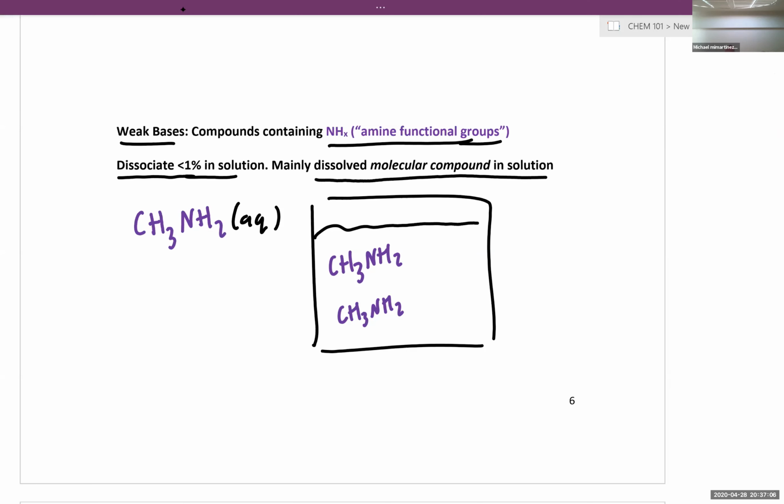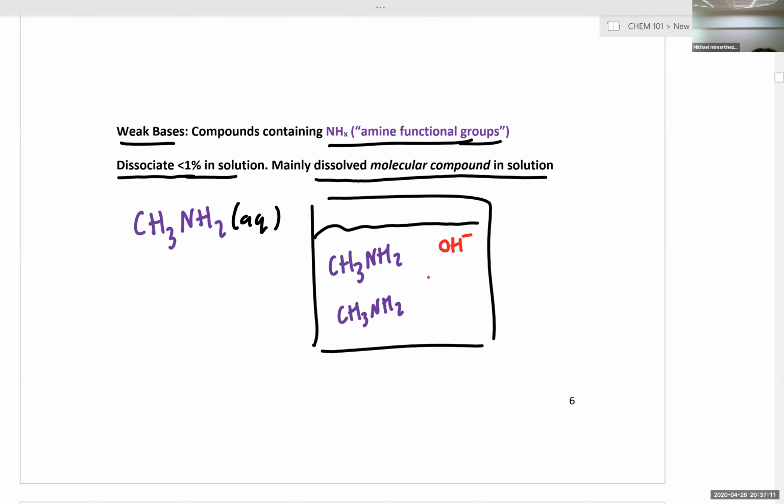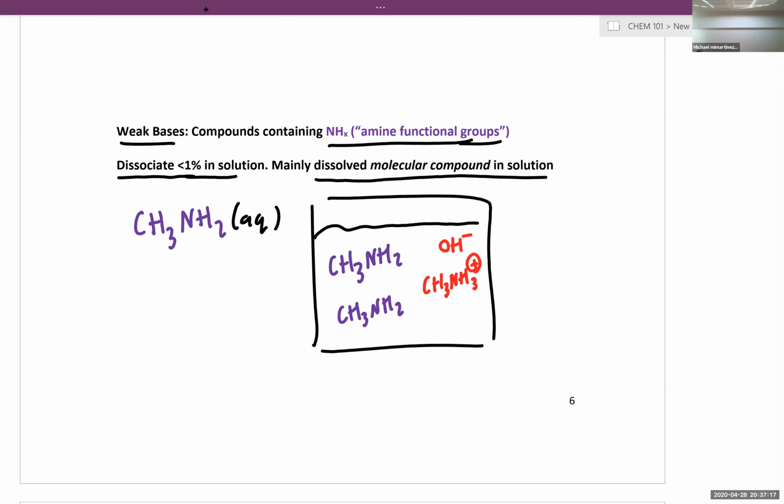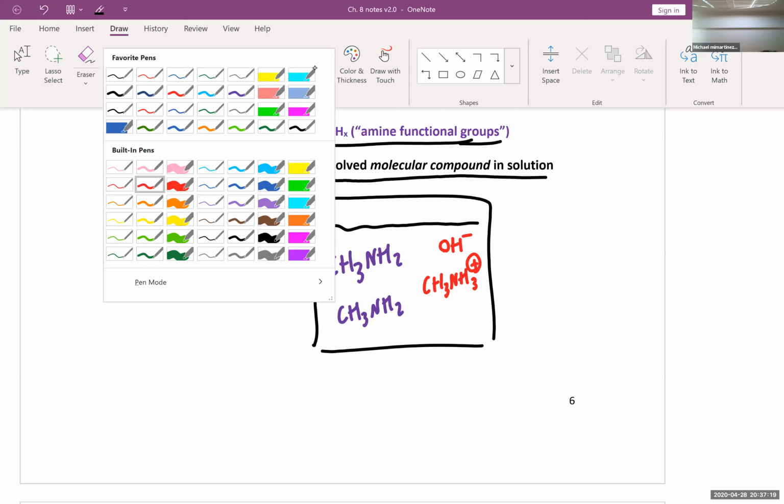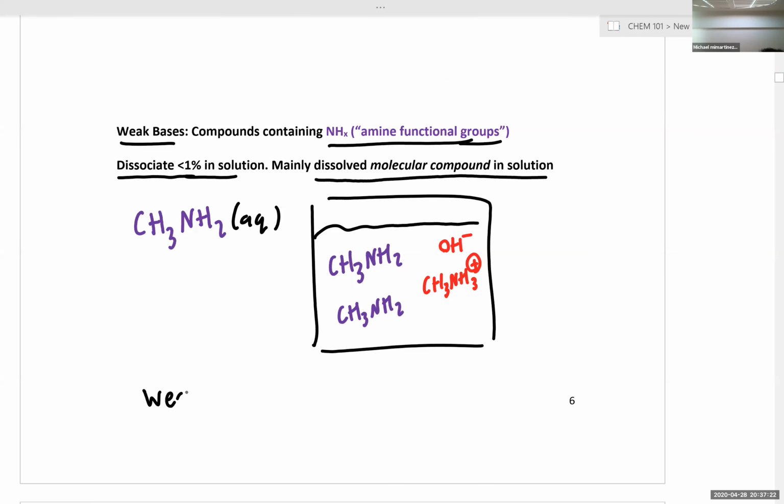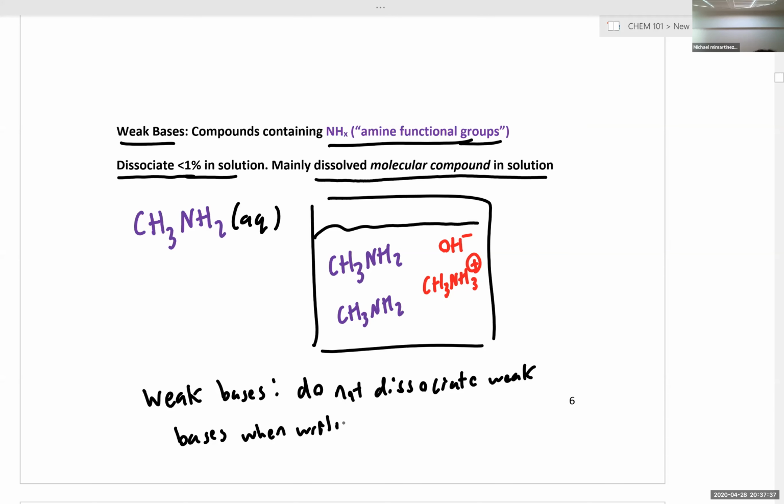We may see a very, very small number of ionic species, but for the most part we have primarily dissolved molecular compounds. As a result, for weak bases, do not dissociate weak bases when writing ionic equations.